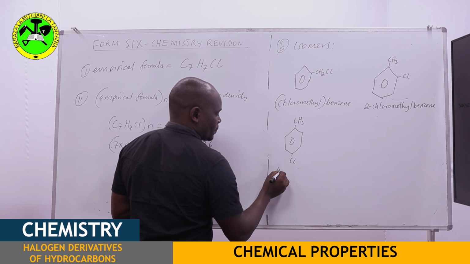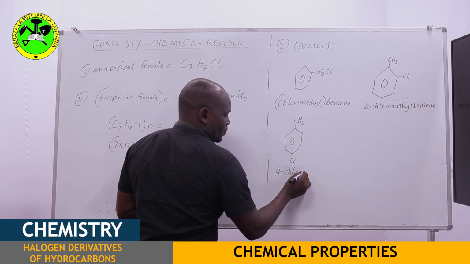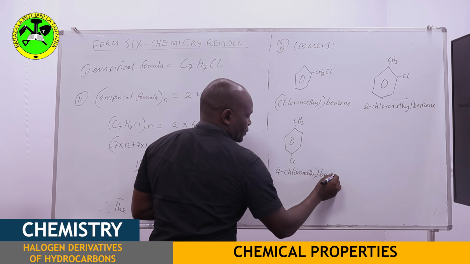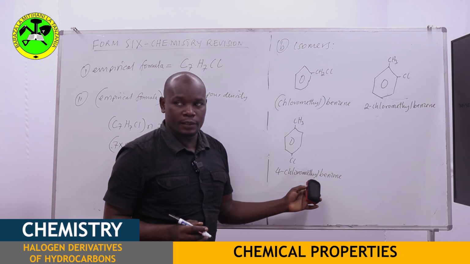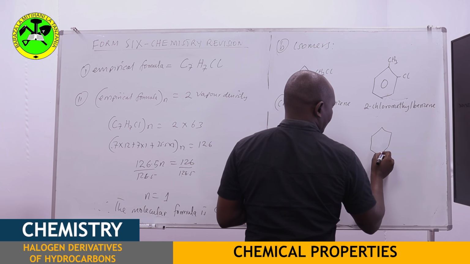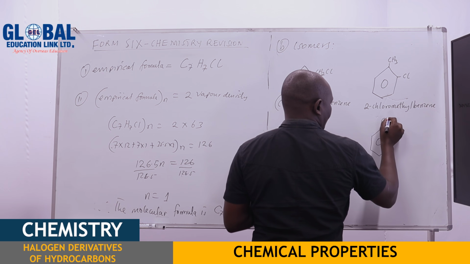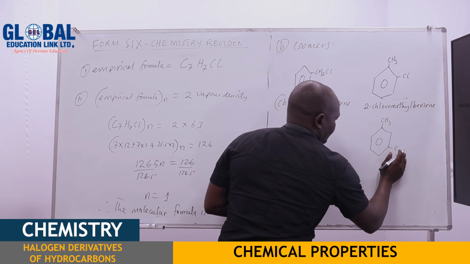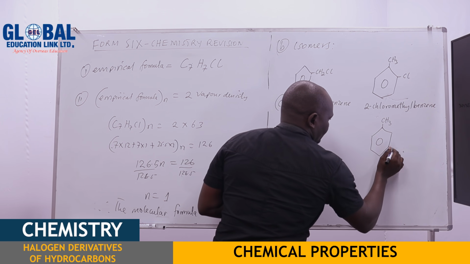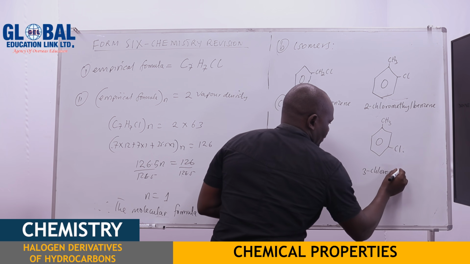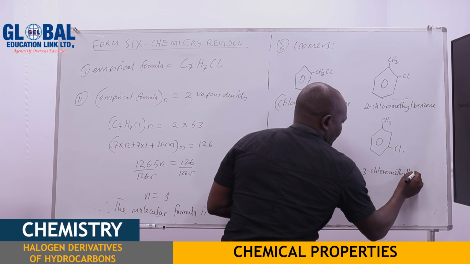This is 4-chloromethyl benzene. And also another isomer can be this one. This is 3-chloromethyl benzene.